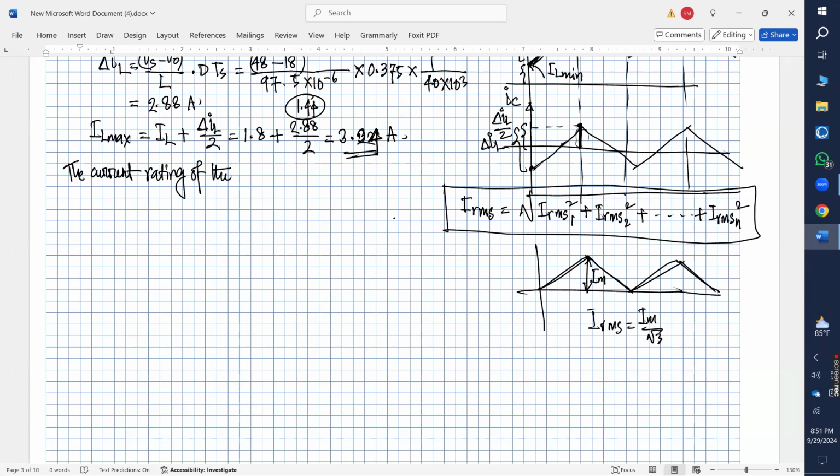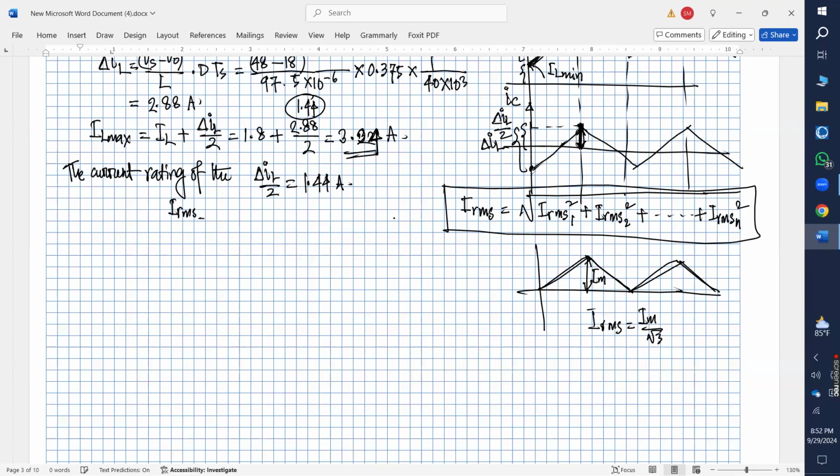Okay, so now what should be this triangular height? It should be del IL over 2, which is 1.44, right? That should be the height of this triangular wave. So what should be the RMS value of the triangular waveform?